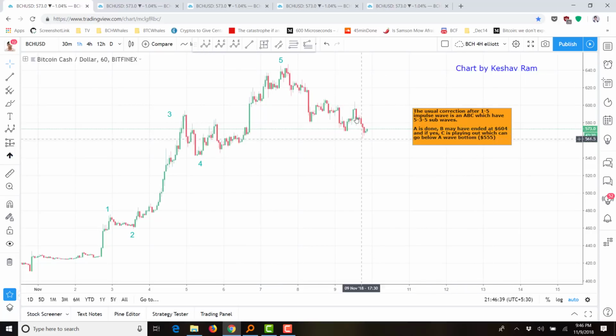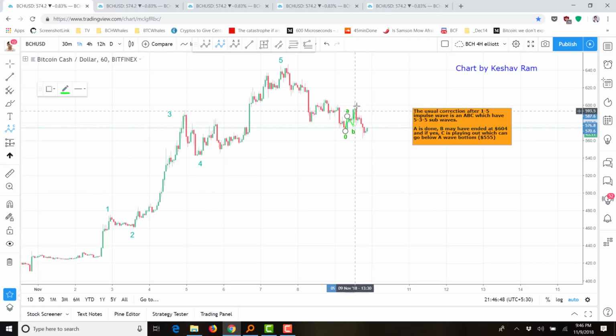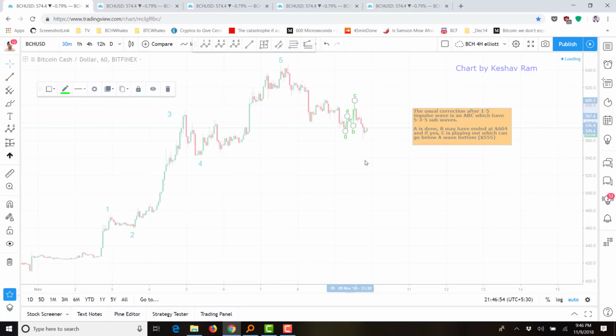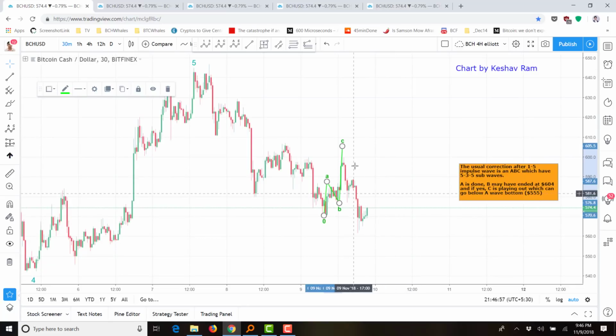So B wave, which is going up, will have 3 waves. Let's see if we can see the 3 waves. This is A, this is B, and this is C. To give you more clarity, let's move to a smaller time frame, which is 30 minutes. Now you can see a little more in detail. I'll draw it again.